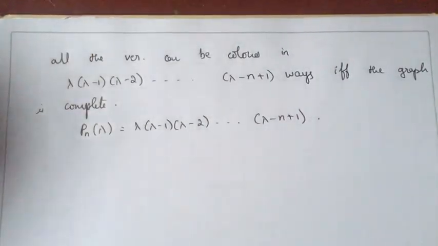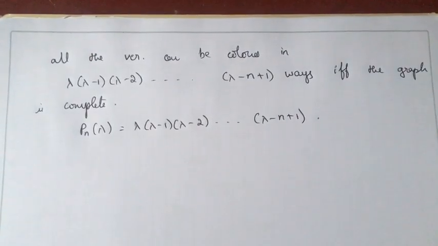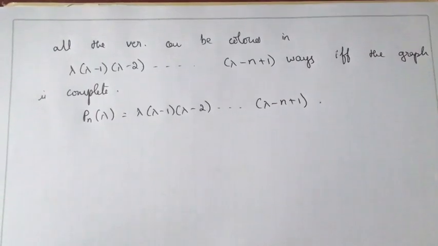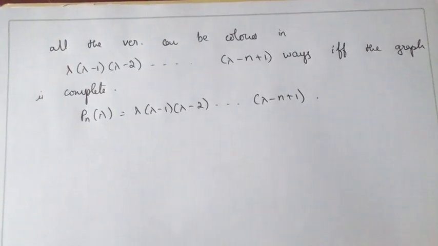This is for a complete graph. Next, let us look at the chromatic polynomial of a tree.